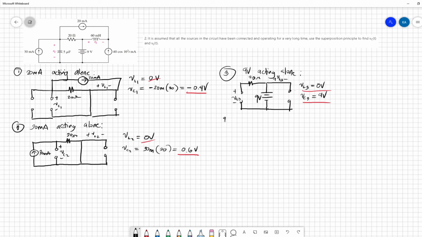Lastly, the 40 cosine 10 to the 3t milliampere source acting alone.